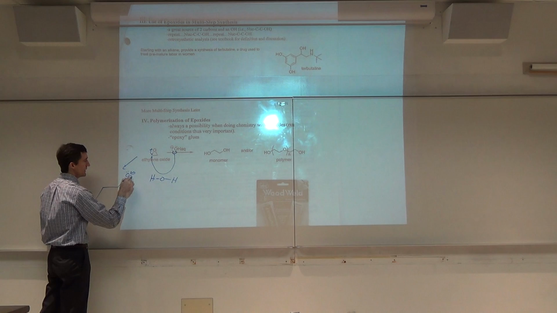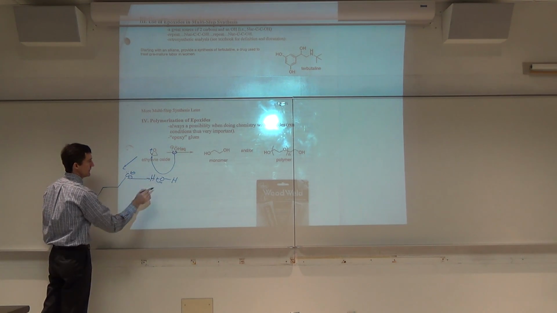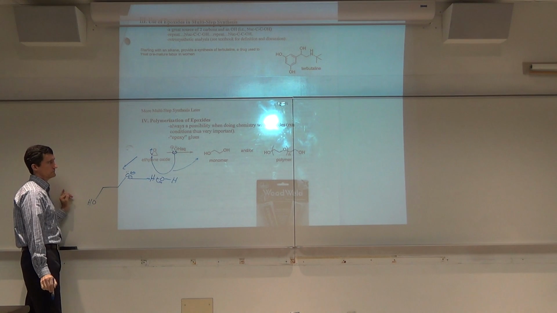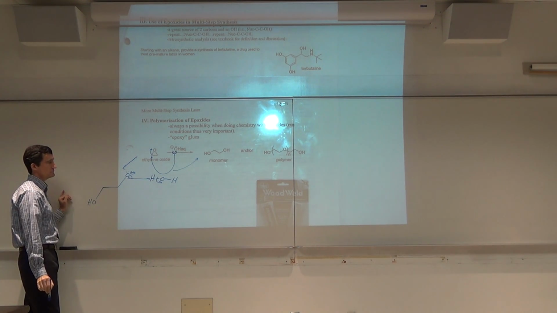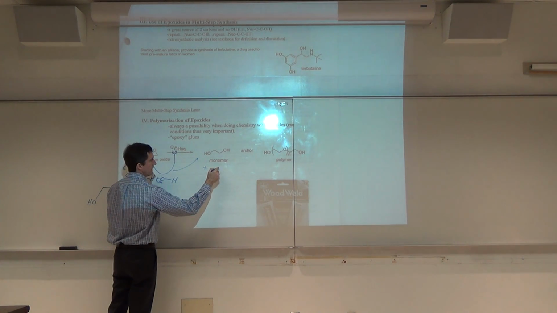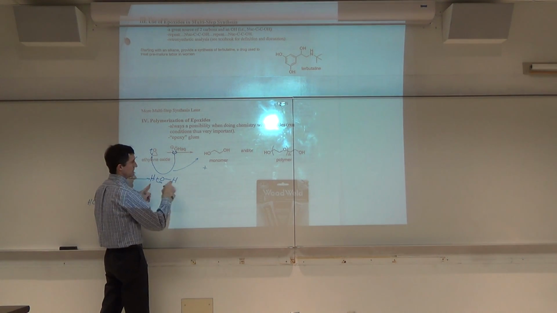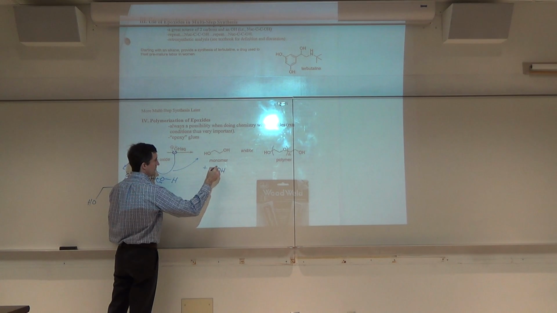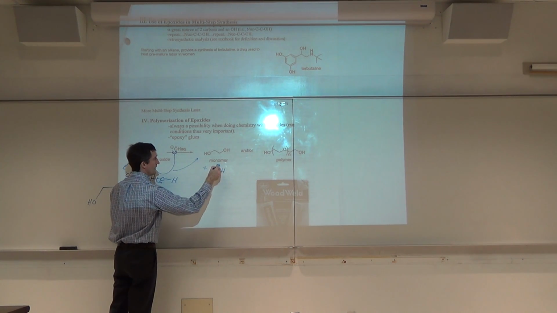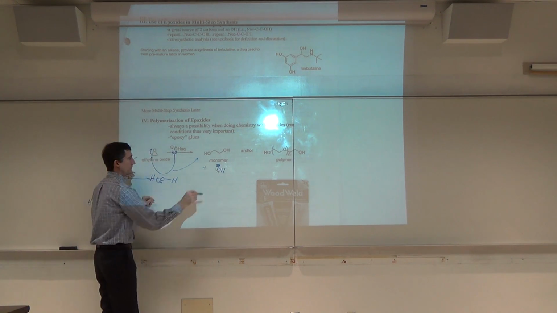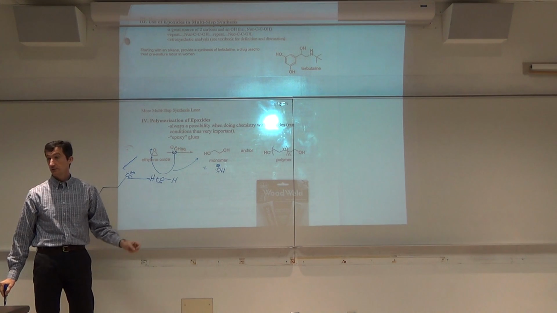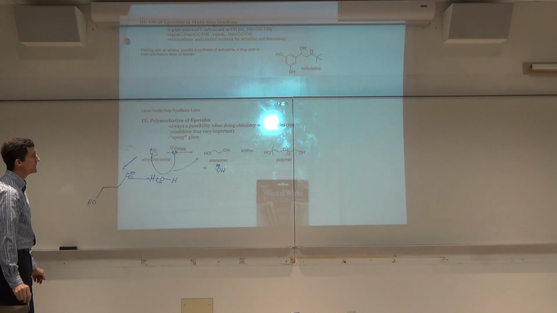The solvent can supply a proton. And if we finish this up, you get that plus what? Hydroxide. So this is really adding water to this, and hydroxide is the catalyst.